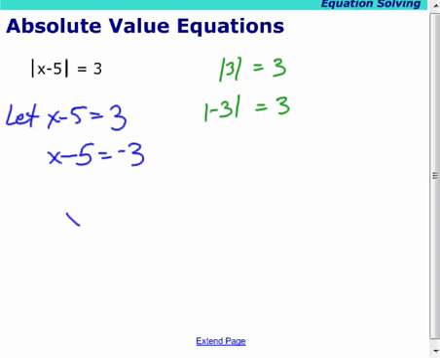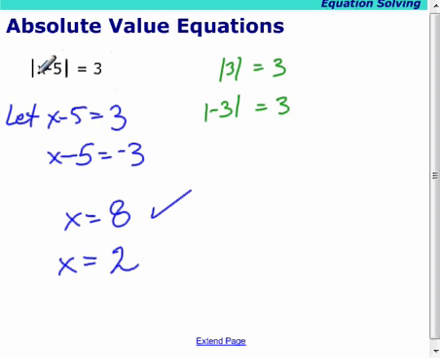So for this top one, I would come up with 8, and for the bottom one, x minus 5, if I take that, that's a positive 5. That'd be positive 2. So in this particular equation, x could be 8 or x could be 2. Let's check. 8 take away 5 is 3, absolute value 3, 3, check.